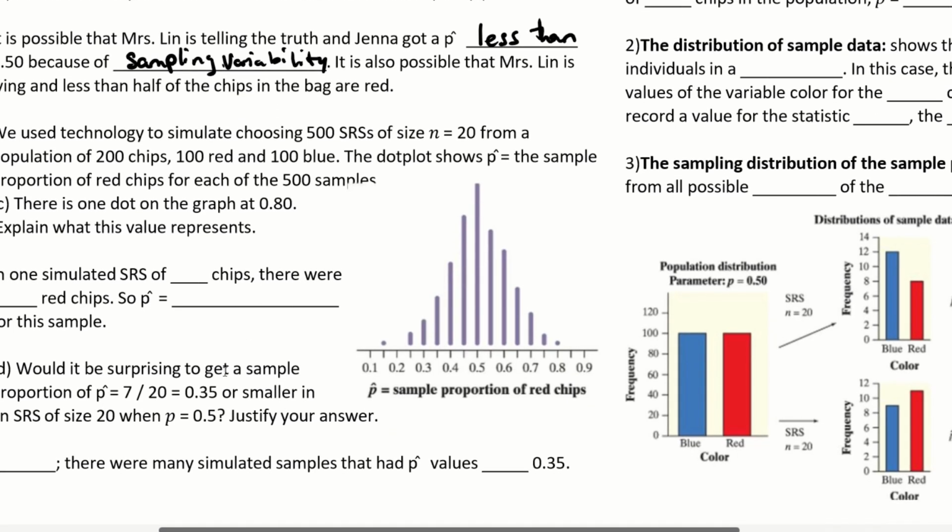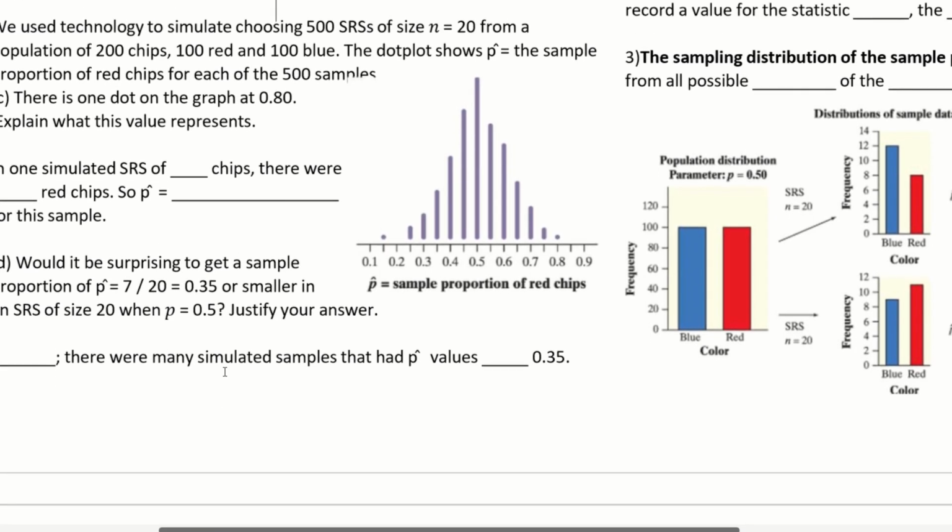So we use technology to simulate choosing 500 simple random samples of size n equals 20 from a population of 200 chips, assuming that we had 100 red, 100 blue. So that's the dot plot shown here. There is 1 dot in the graph at 0.80. So we want to identify this 1 dot. What does that dot represent?